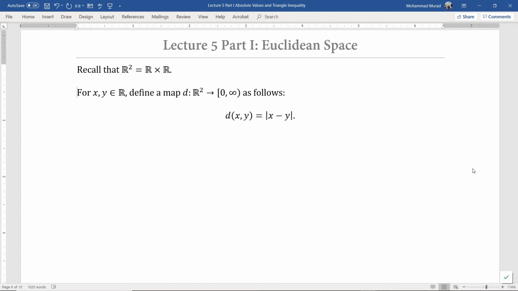Recall that this symbol R2 denotes the Cartesian cross product of the set R with itself.